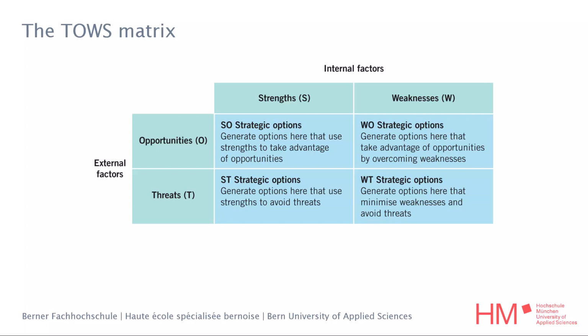And then, interestingly, what the TOWS allows you to do is to blend the S and the O, the W and the O, the S and the T, and the W and the T. And as you blend each of these, then you begin to see that you can, for example, under the S&O perspective, generate options that use the strengths to take advantage of the opportunities. And we'll go on to look at this in a little bit more detail later on. But this is the first way in which you can combine the information from your SWOT analysis.